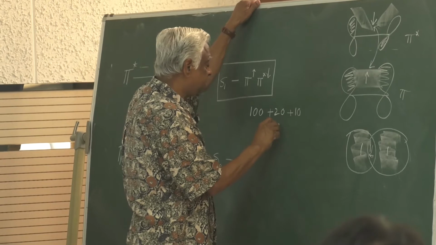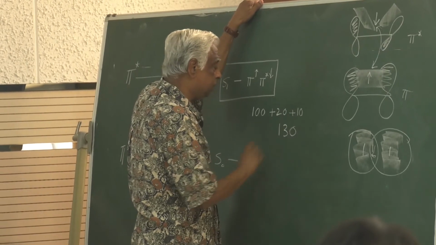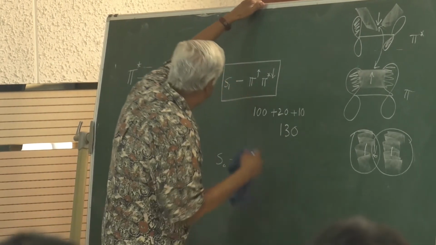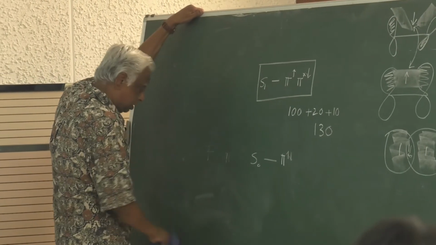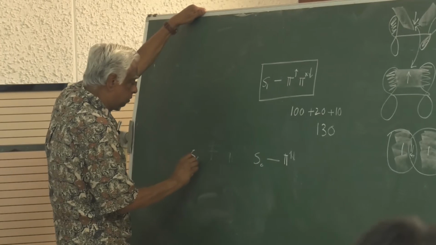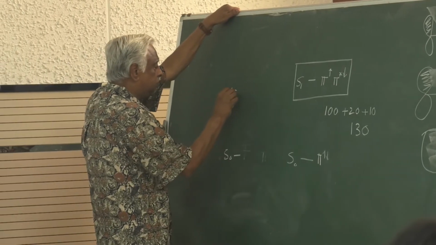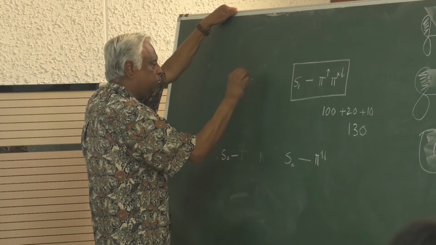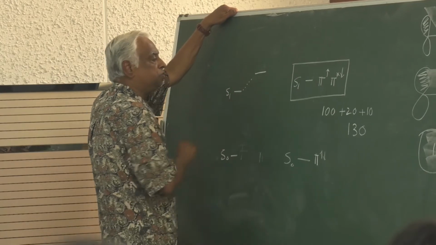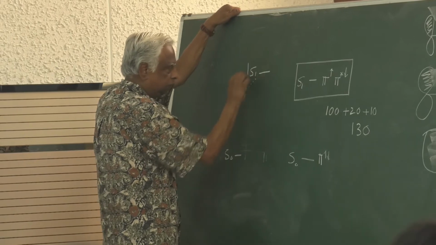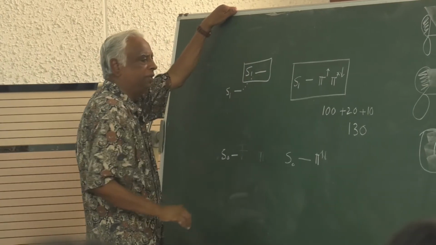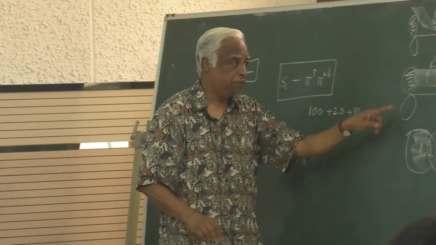So the energy of this state is going to be 130. So for example, you take S0, S1 without the repulsion, and you add up all these numbers, it goes over here. So the real state is this one. This is for the singlet.